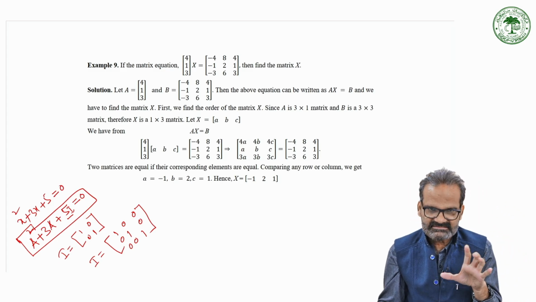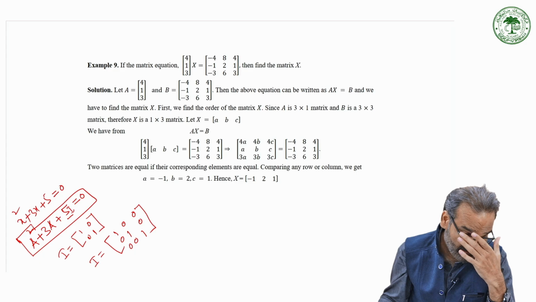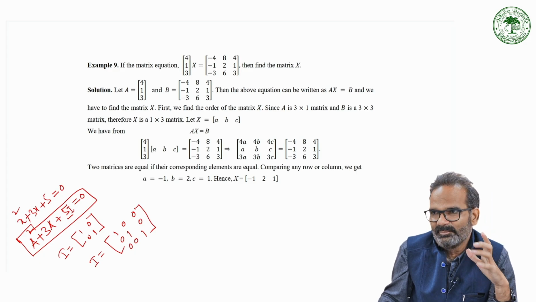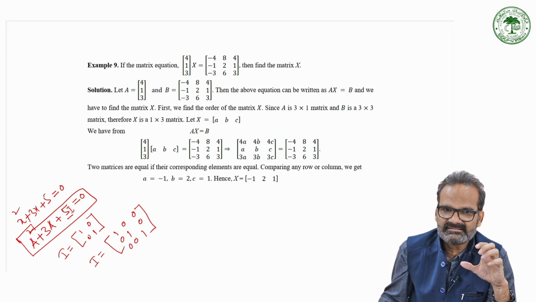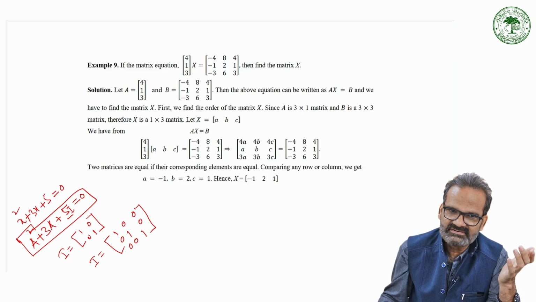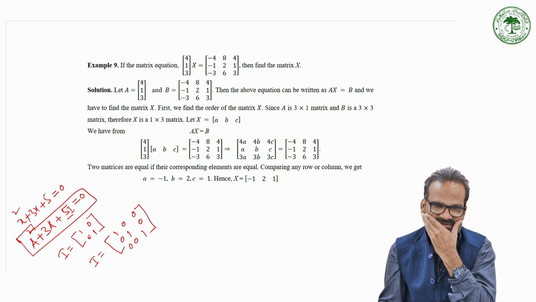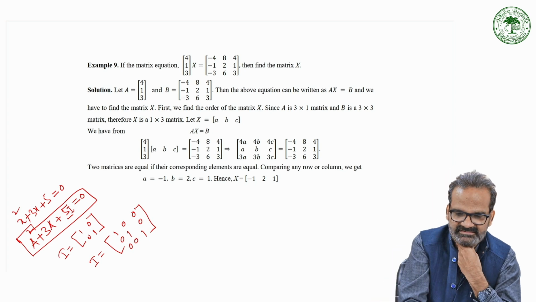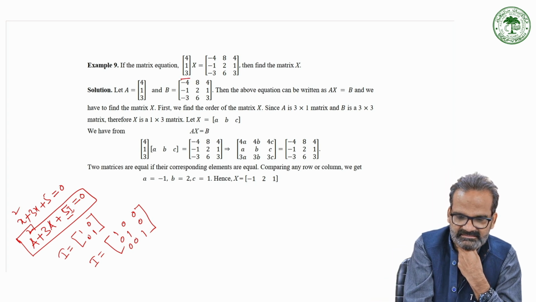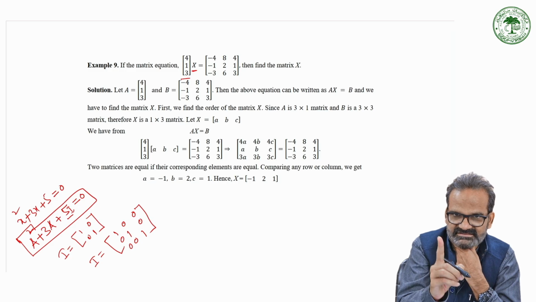In this chapter, we will solve various matrix equations as we solved equations for variables in our earlier classes. Clear? So this is also the case of a matrix equation. This is a matrix multiplied with a matrix X. Here this X is a matrix, it's not the cross.